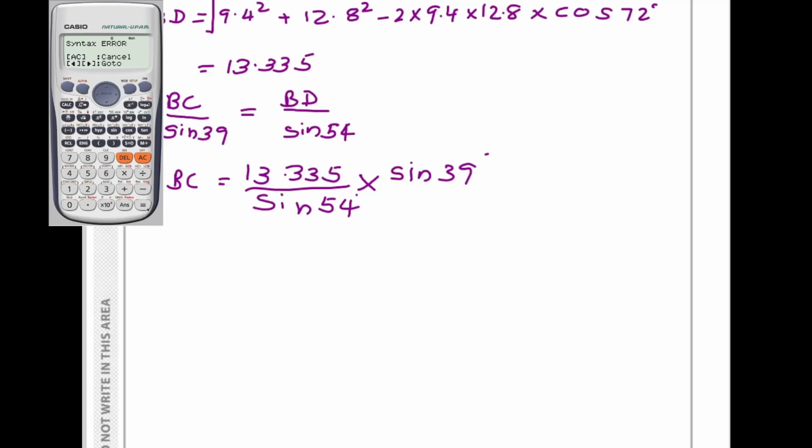How much is it? It is 10.373. Since we need to leave our answer to the third significant figure, I have to finalize 10.4.